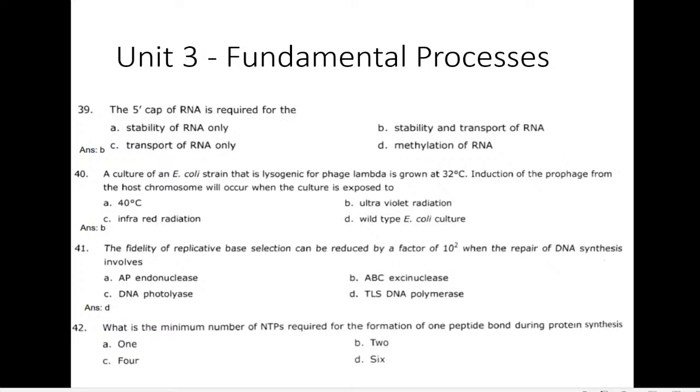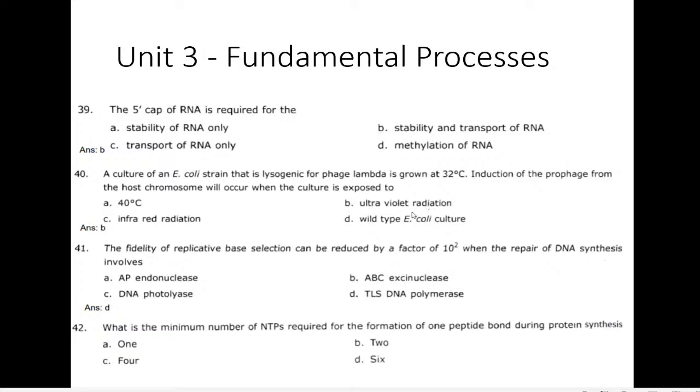So they provided the lysogenic phage, and the aim is to induce the prophage at the chromosome level. If you want to make a change at a chromosome level, we want to use ultraviolet radiation. So the answer is ultraviolet.